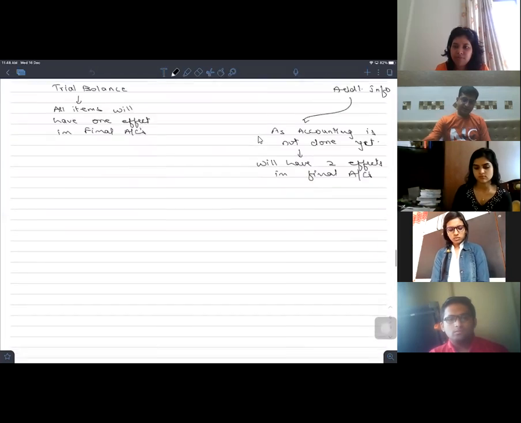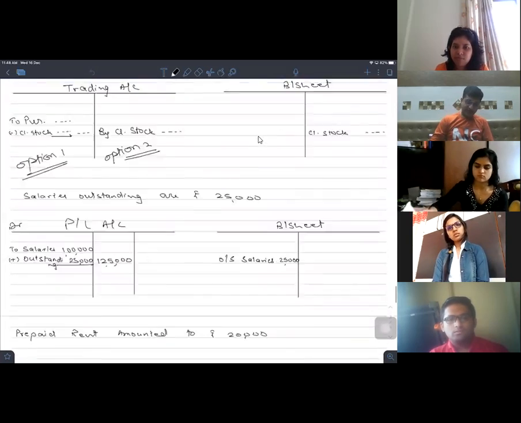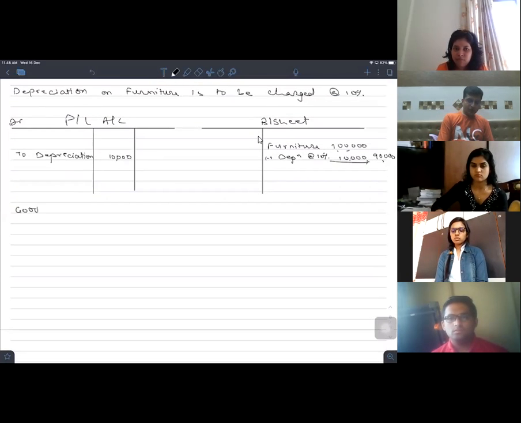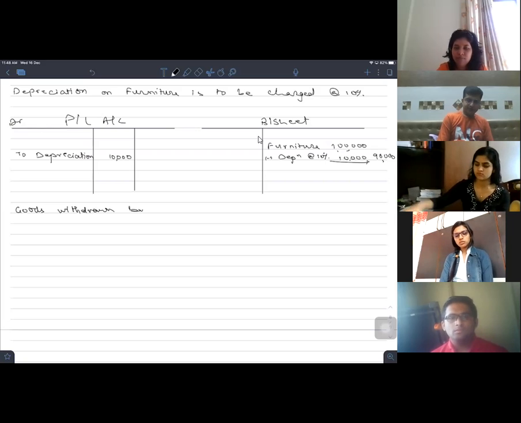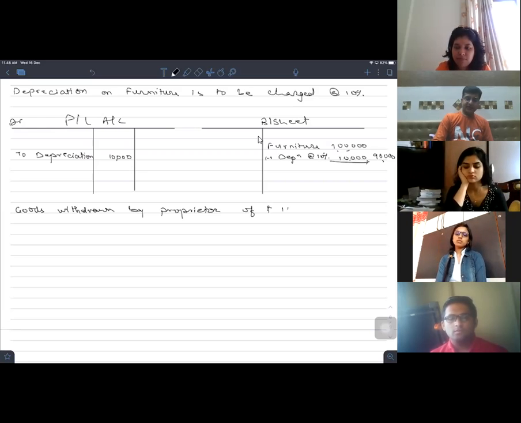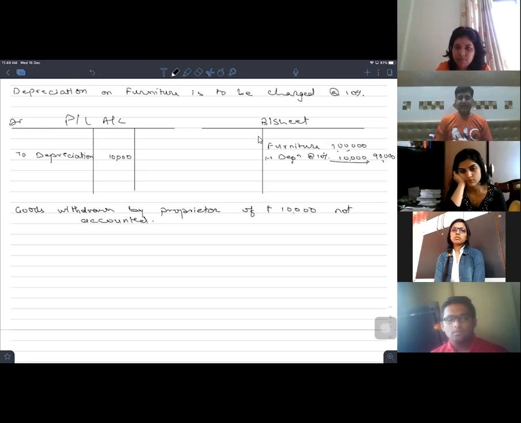Now just observe it, the adjustment related to that. If it is given goods withdrawn by proprietor of rupees 10,000, not accounted, means what, its effect has not been given in the trial balance so far.